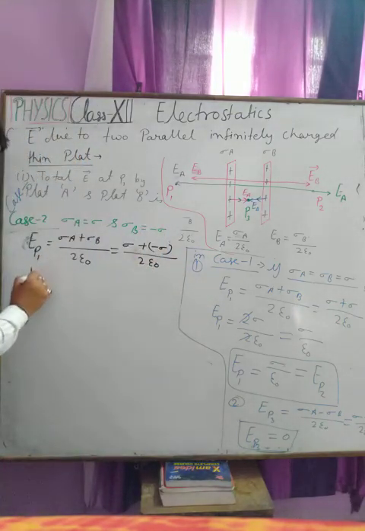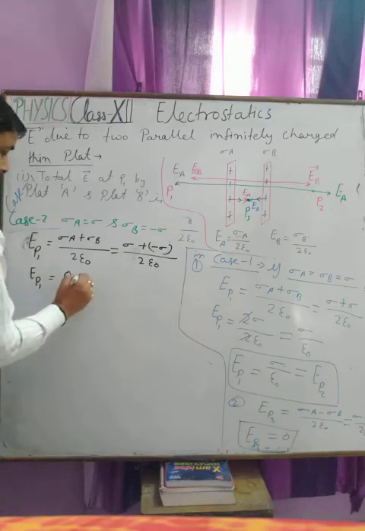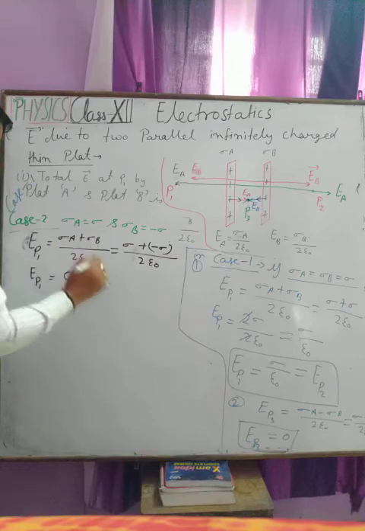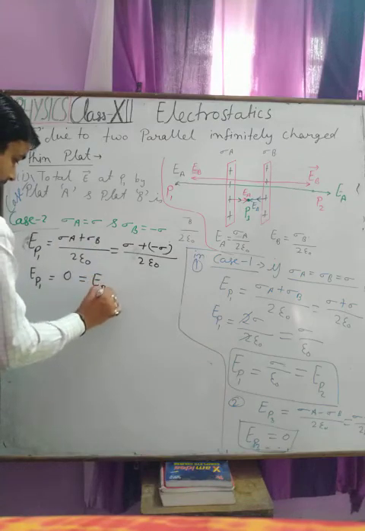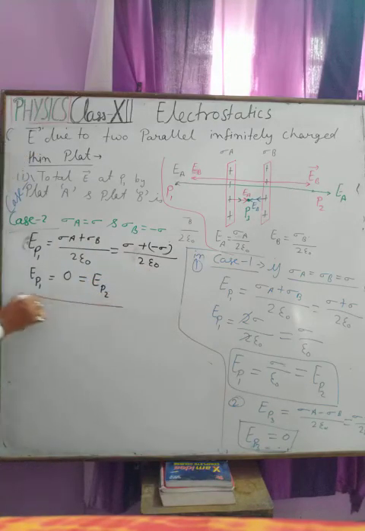What we get, student, we are getting this result EP1 is equal to 0, and because this is the same value as point P2, so we are getting this result.